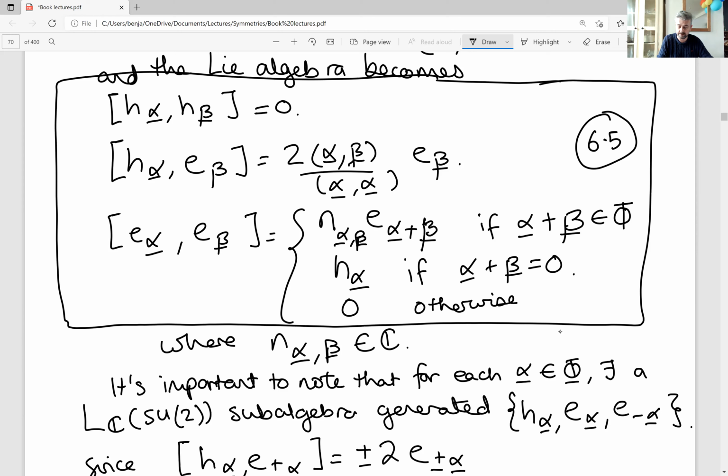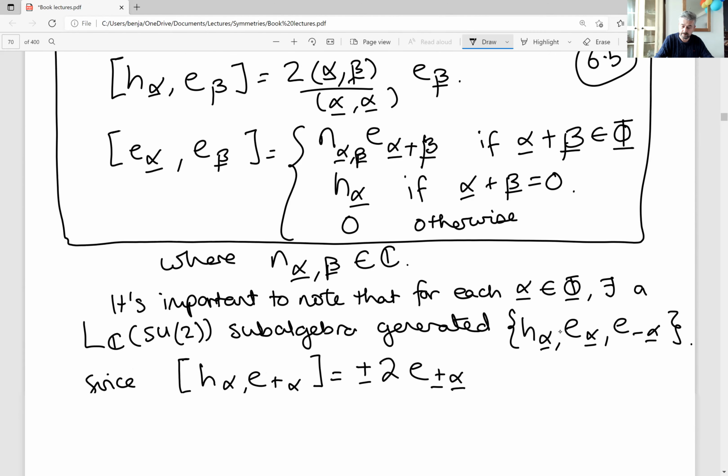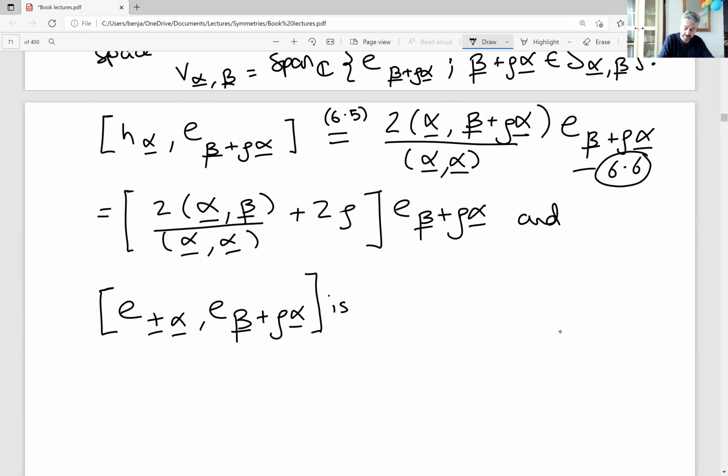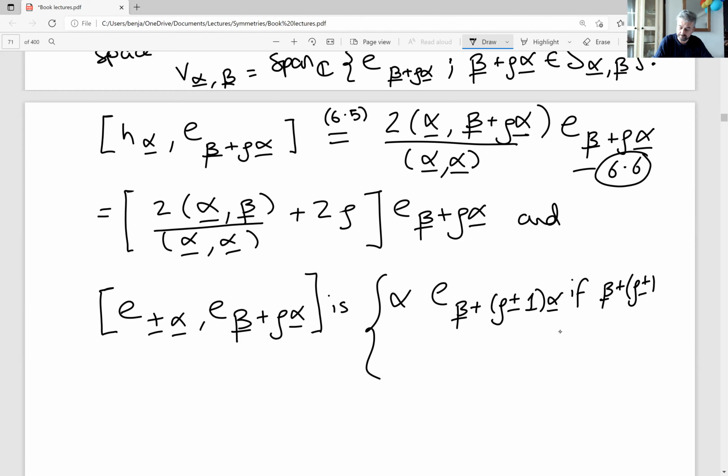We get 0 if it's not, and if it's in the root set, then we get something proportional to E beta plus rho plus or minus 1 alpha, if beta plus rho plus or minus 1 alpha is in the root set, and it's equal to 0 otherwise.